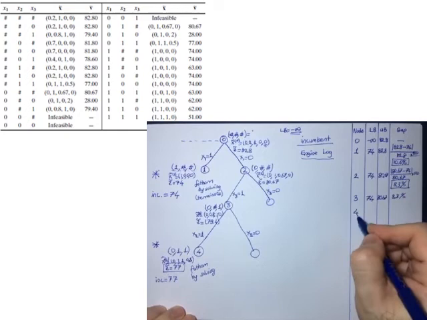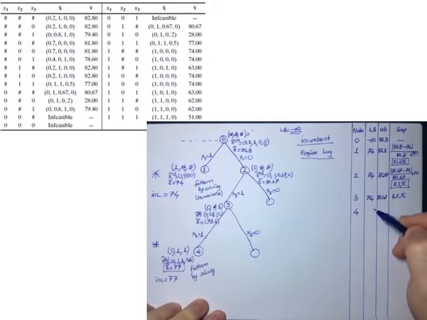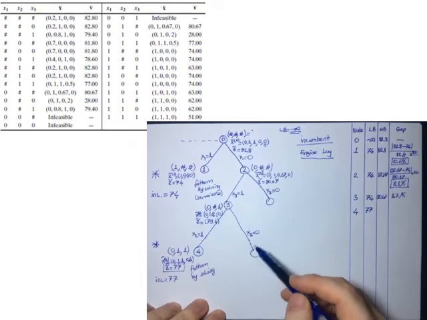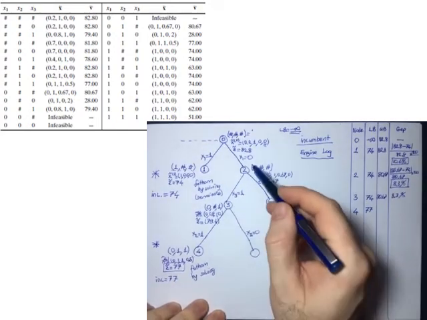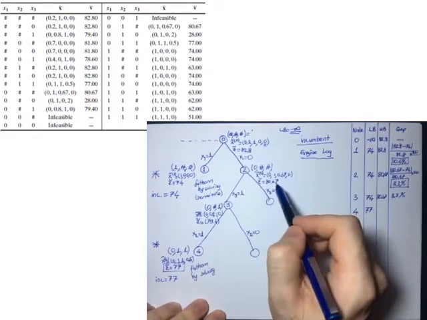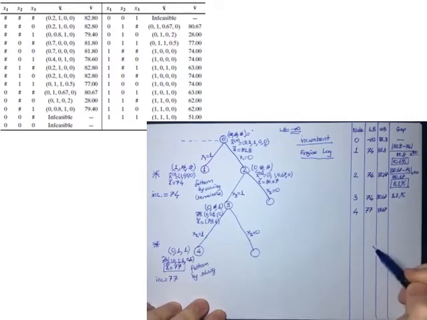Then I can fill in my table. My lower bound is updated from 74 to 77. My upper bound, check the open nodes, the parents of the open nodes. From here 79.4, from here 80.67, so it should be 80.67.